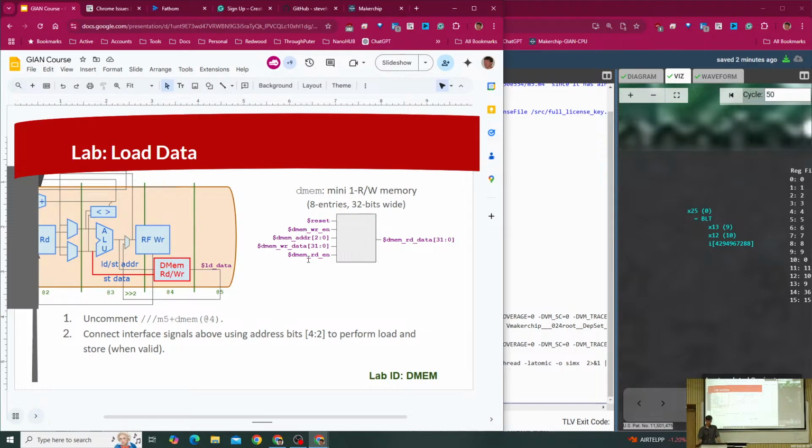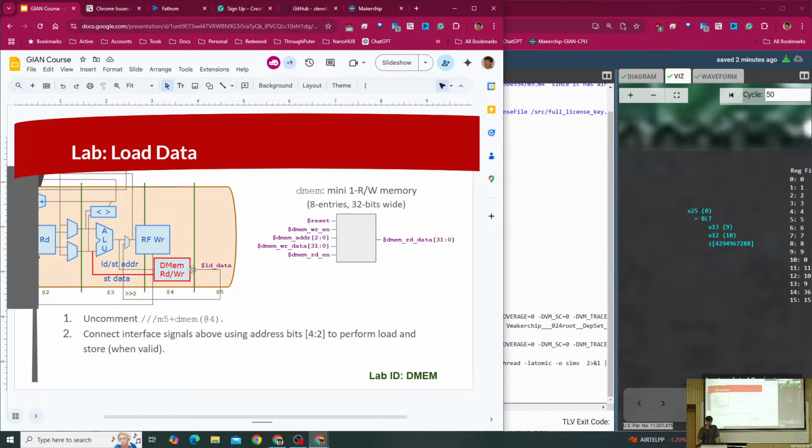Okay, so when we do the assignment of load data to DMEM read data in stage 4, we're right at the output here, we want to keep that association.